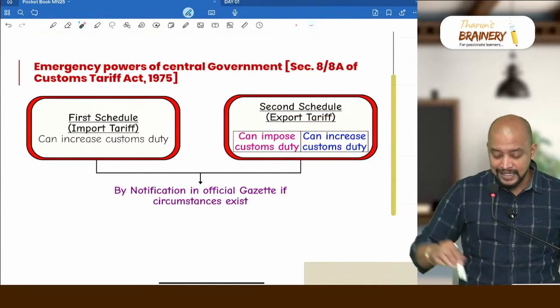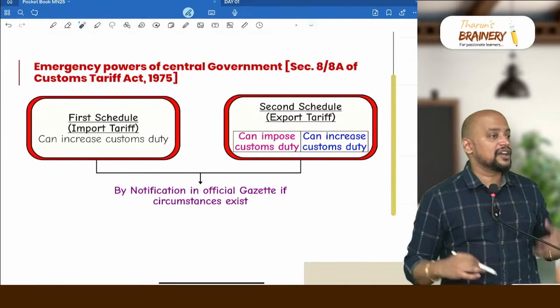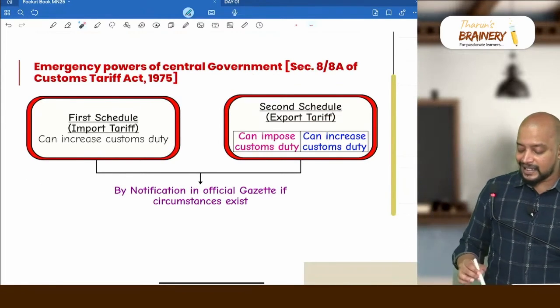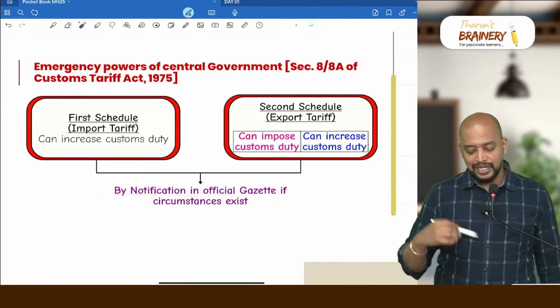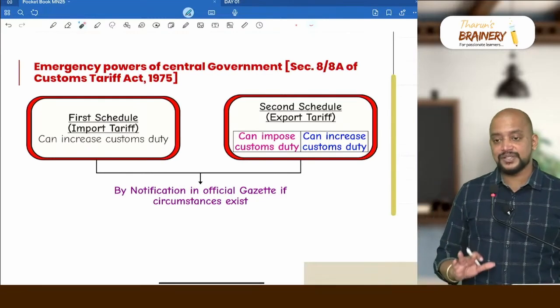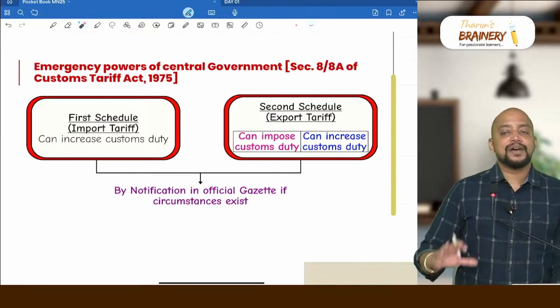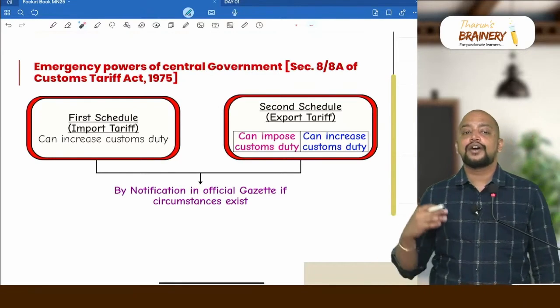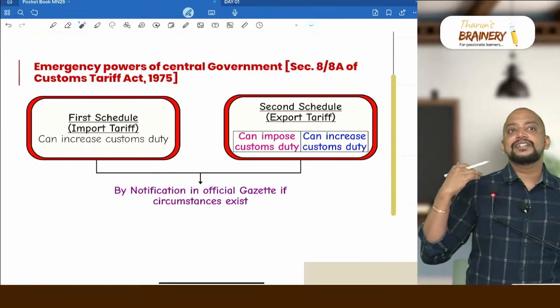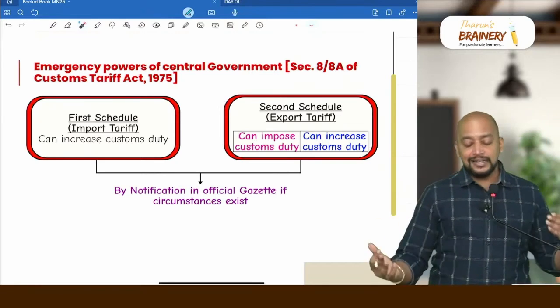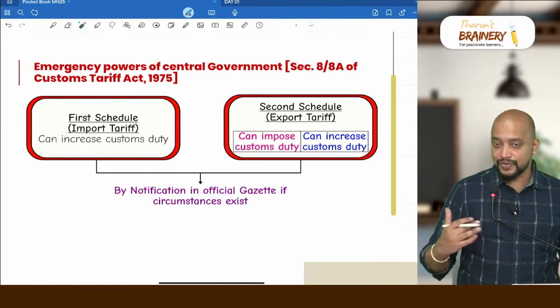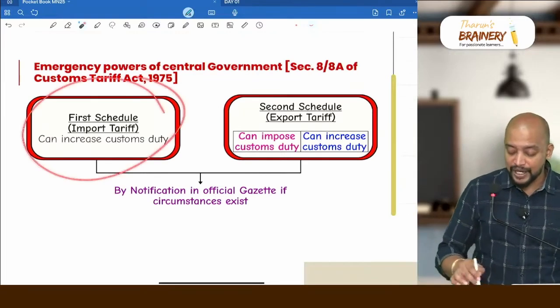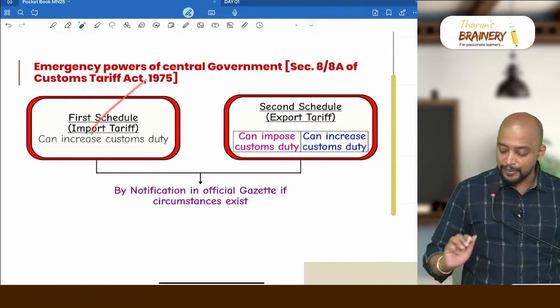This can be done by way of notification in the official gazette if the circumstances exist. So they don't have to do it in Parliament. Usually rates and all, they have to do in Parliament only, that is through the Finance Act. But in case of emergency situations, they can do that, though they cannot bring a product into the levy of customs duty on import.